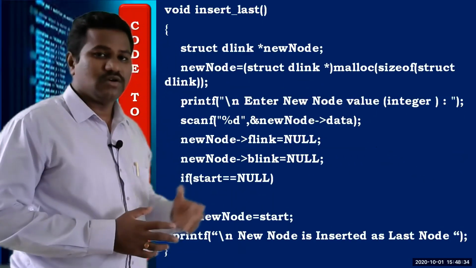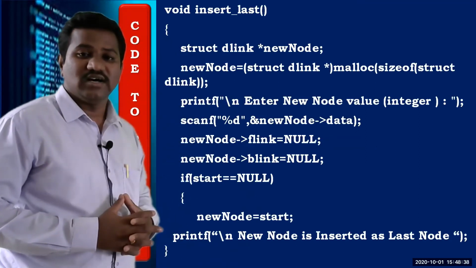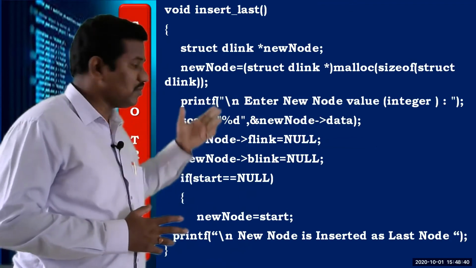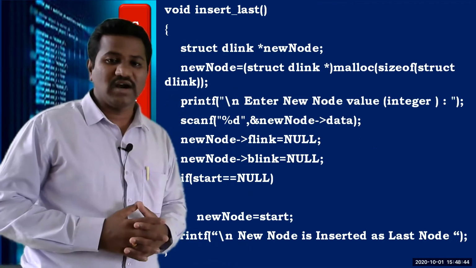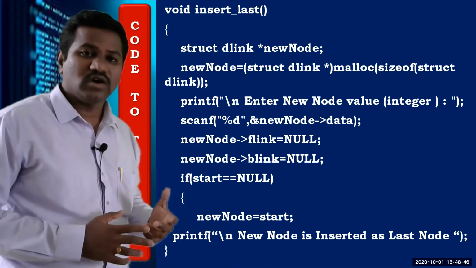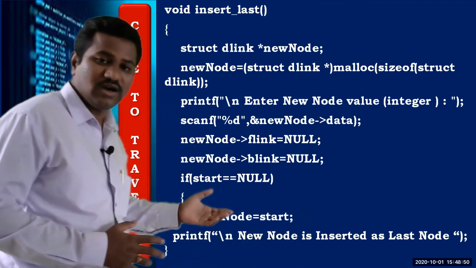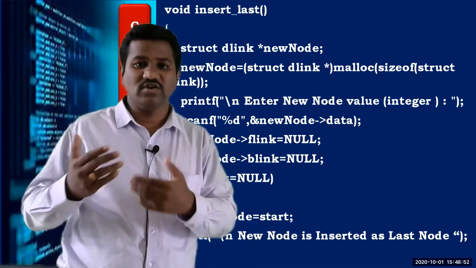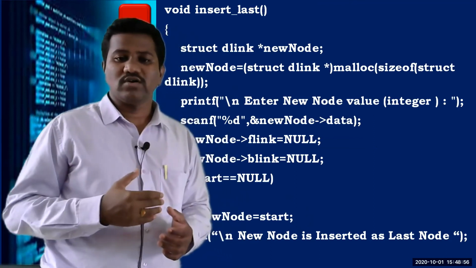Here we have insert underscore last, and we declare one pointer, star new node, and allocate a block of memory. Then we accept the data part and assign null to the link part, and we check whether the list is empty or not. If the list is empty, we store the new node in start, and then go to the next step.